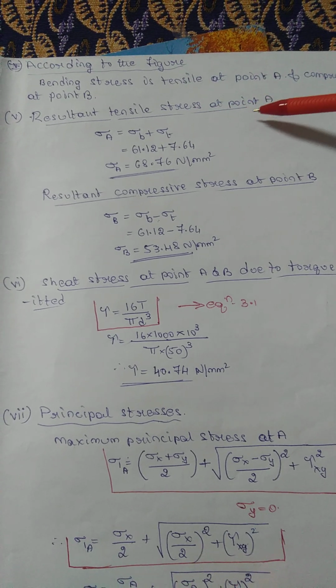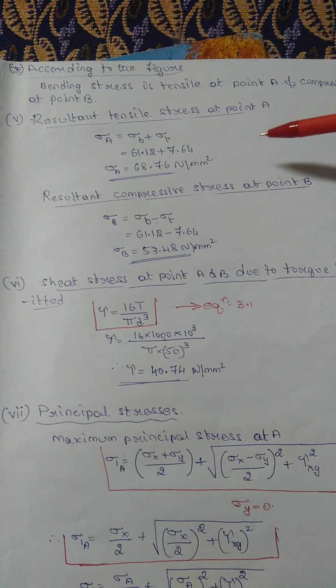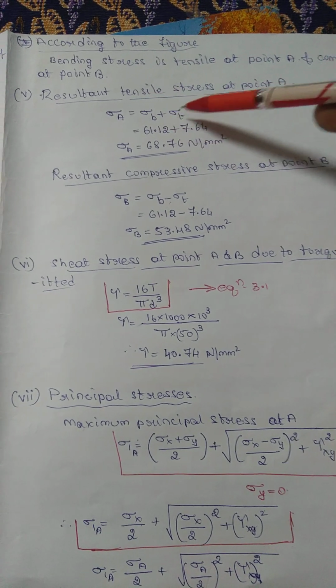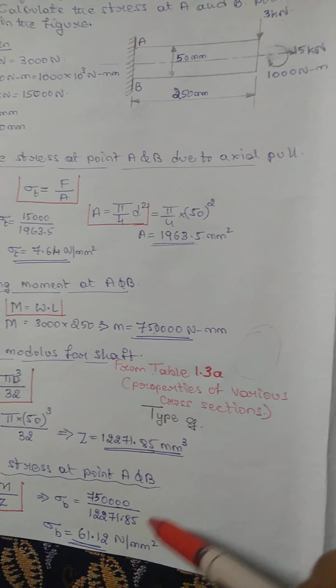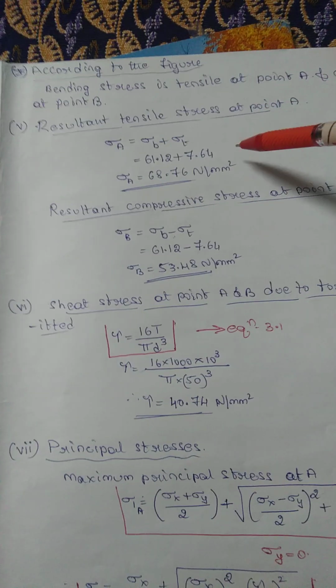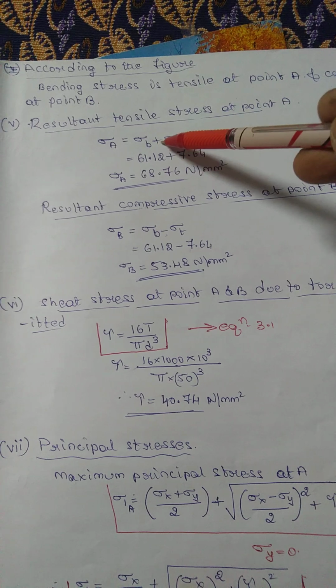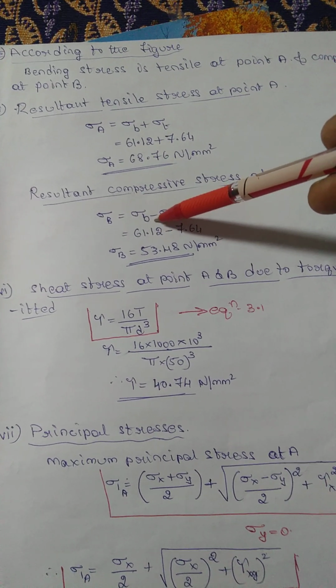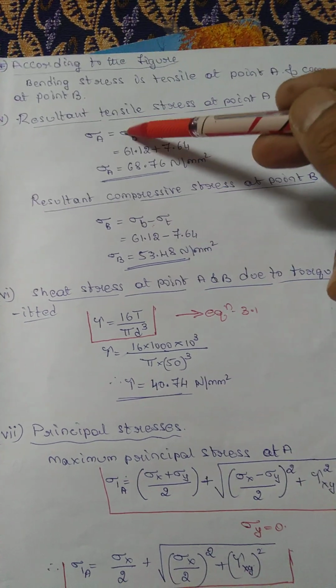So the resultant tensile stress at point A, that is sigma A, is equal to sigma B plus sigma T. Sigma B we have here, sigma T we have calculated here. Substitute. For tensile it is positive, and for compressive stress it is negative, sigma B minus sigma T. We'll get the sigma A and sigma B values.